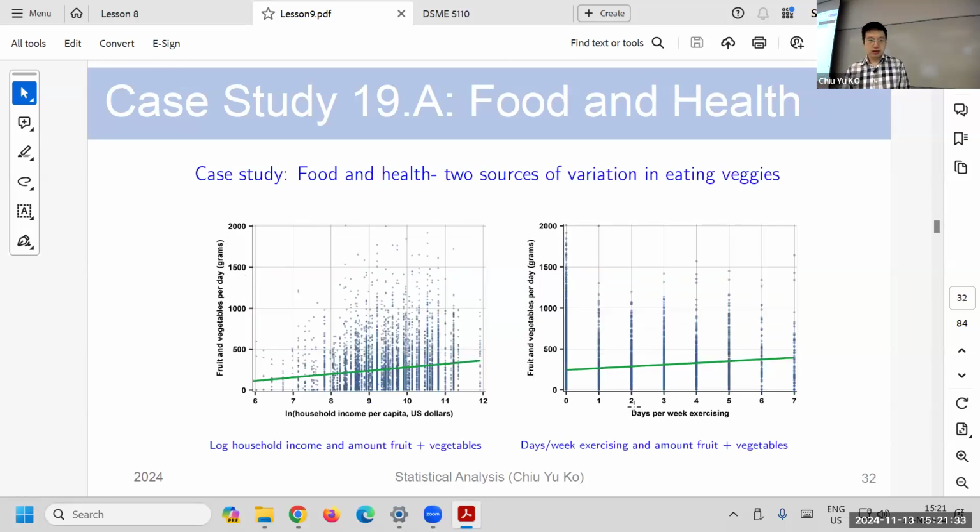And if you look at income as well, you have higher income, you eat more veggie, as I said in the beginning. You have money to eat veggie because veggie is a very expensive thing. If you eat organic, then it's more expensive. And also people who have time to exercise are more cautious, they have a more healthy lifestyle, then they eat more veggie.